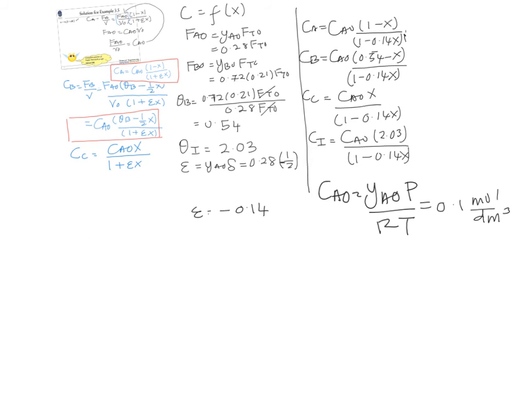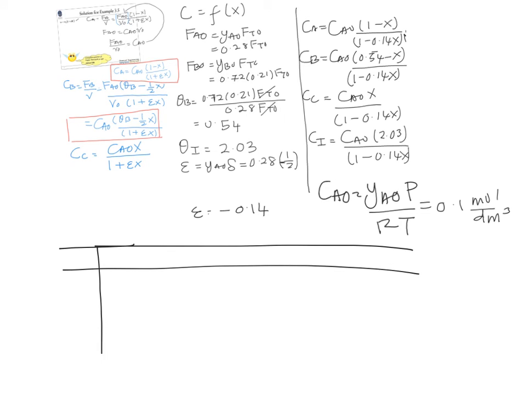Okay, so now you need to develop a table of concentration versus conversion. You draw a table where you have the conversion 0, and you can choose any value between 0 and 1: 0.25, 0.5, 0.75, and 1.